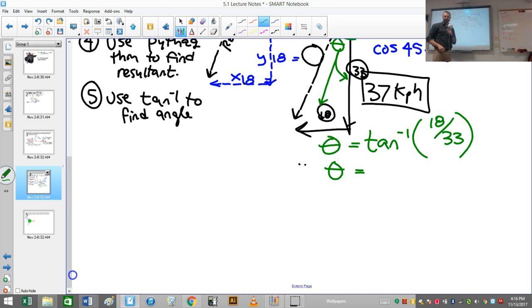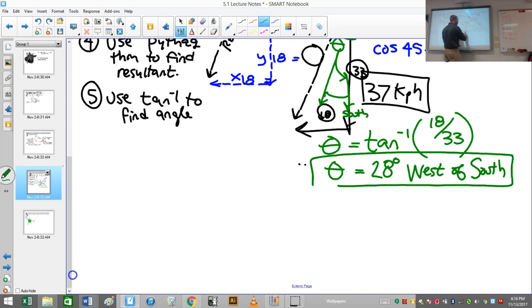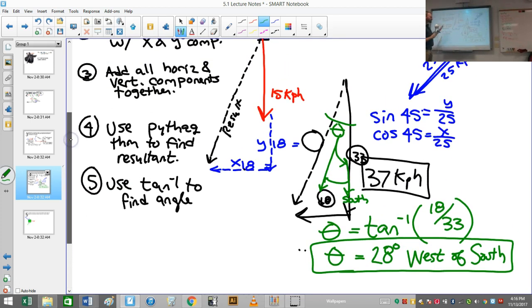So when I run that through on my calculator, it comes out to be 28 degrees. Now this direction is south, and I'm measuring west of it. West of south. So my airplane ends up traveling 37 kilometers per hour at an angle of 28 degrees west of south.